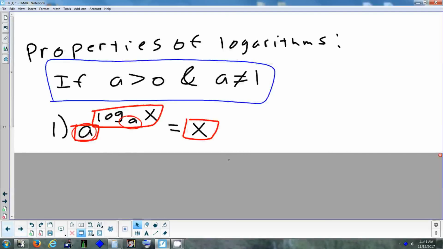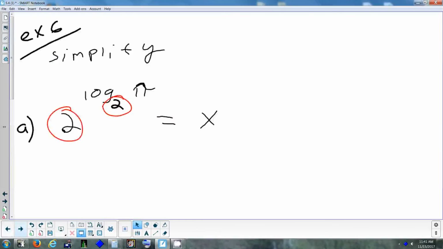Whenever those two things match, what basically happens is these cancel out. Don't draw lines through it because you need to be able to read your notes. But what happens is those are going to cancel out, and the answer is whatever was sitting right there. So when we do this one, basically those cancel out, and the answer is whatever is left. Okay, so we'll come back to that.